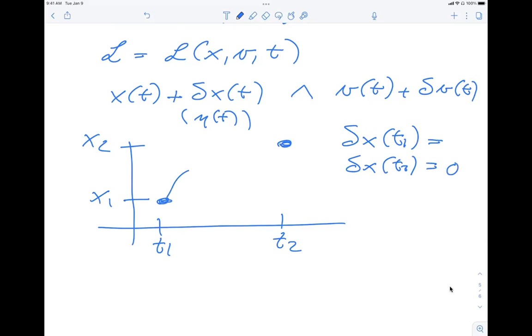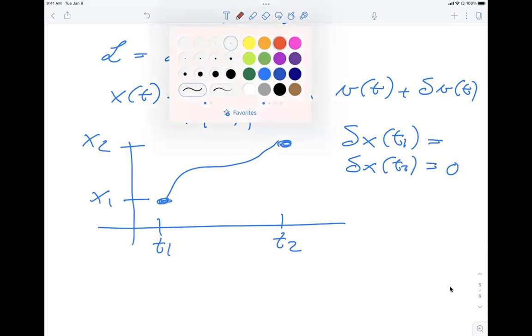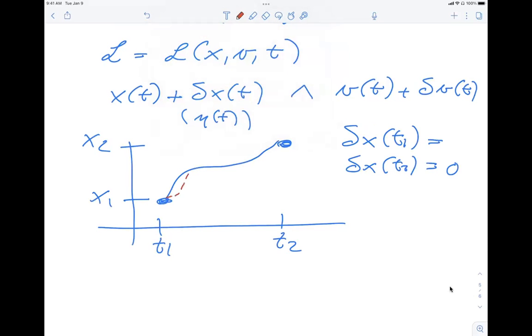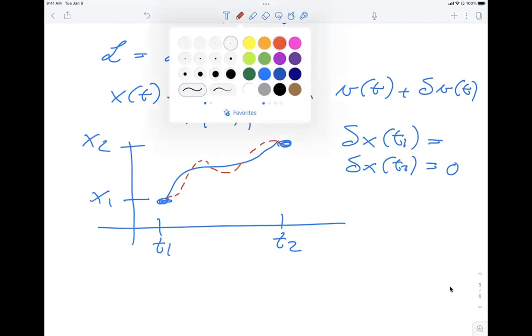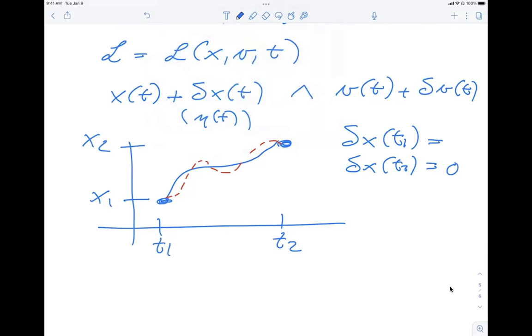So we have an ideal path, which I mark with blue. And then we make these changes here. So we have this path, which is perhaps less ideal.